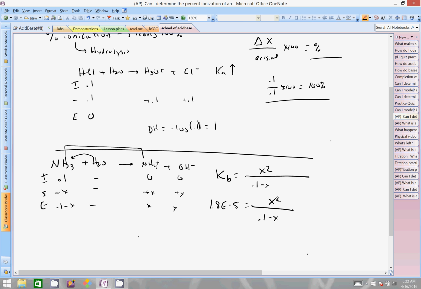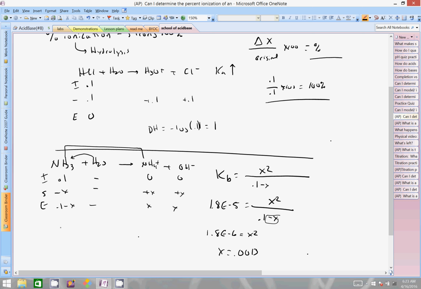At that point, we'll utilize our shortcut rule just to make it easier, and I get 1.8 e to the negative sixth equals x squared. Square root, and I get x equaling 0.0013. And you could take the pH of that, no big deal. That's another question. But I want percent ionization.